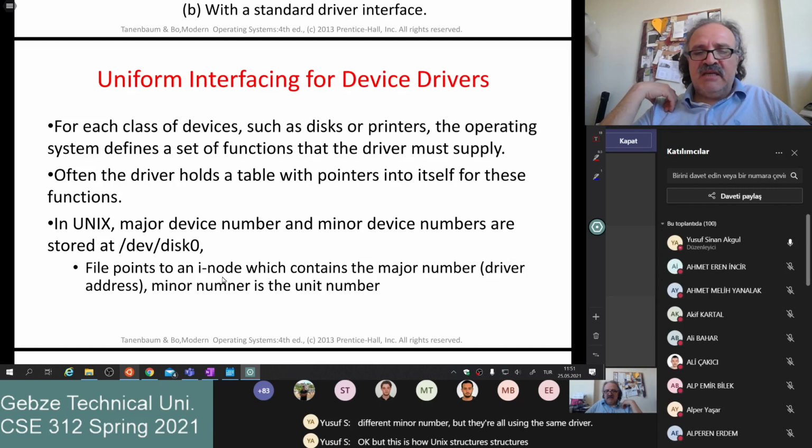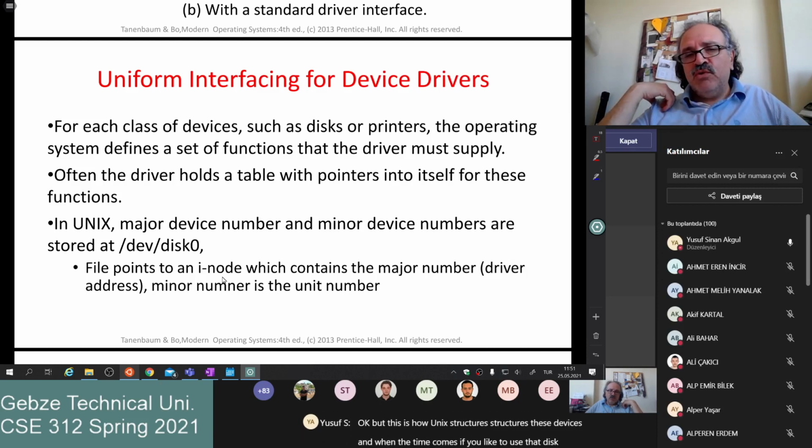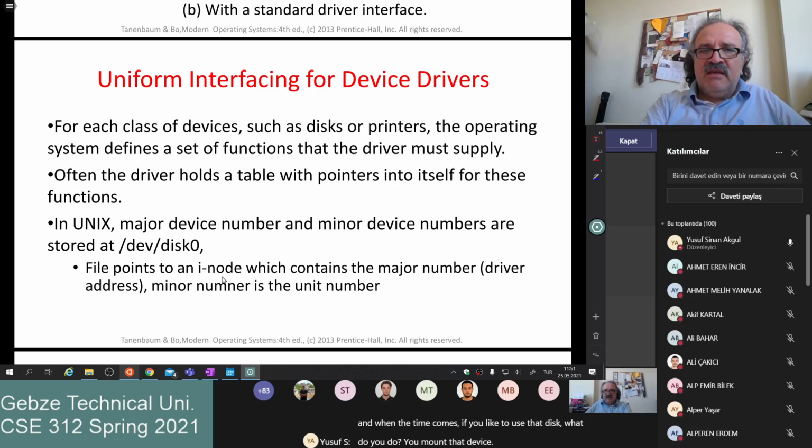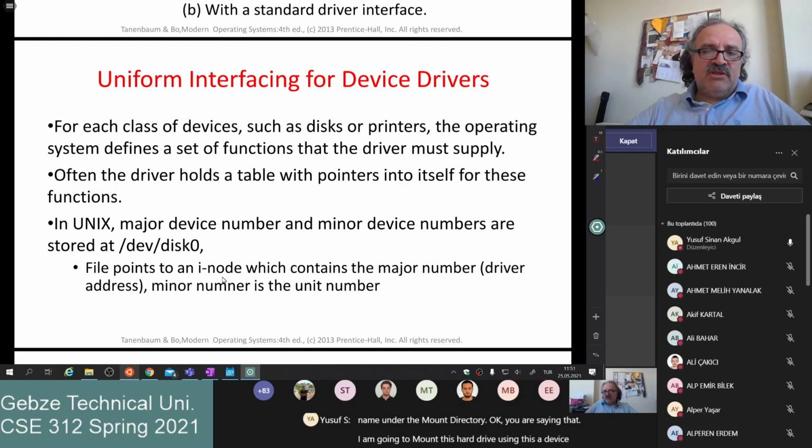And when the time comes, if you would like to use that disk, you mount that device at this address, and you give a directory name under the mount directory. You are saying that I am going to mount this hard drive using this device driver at this position.